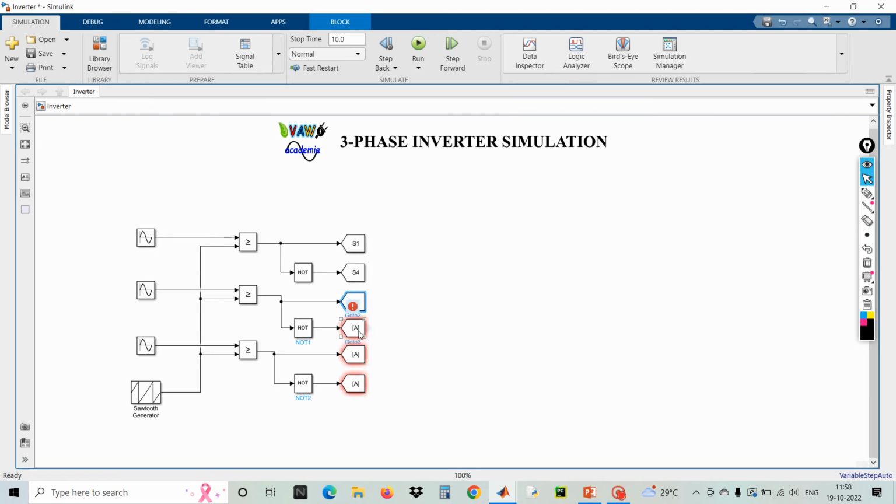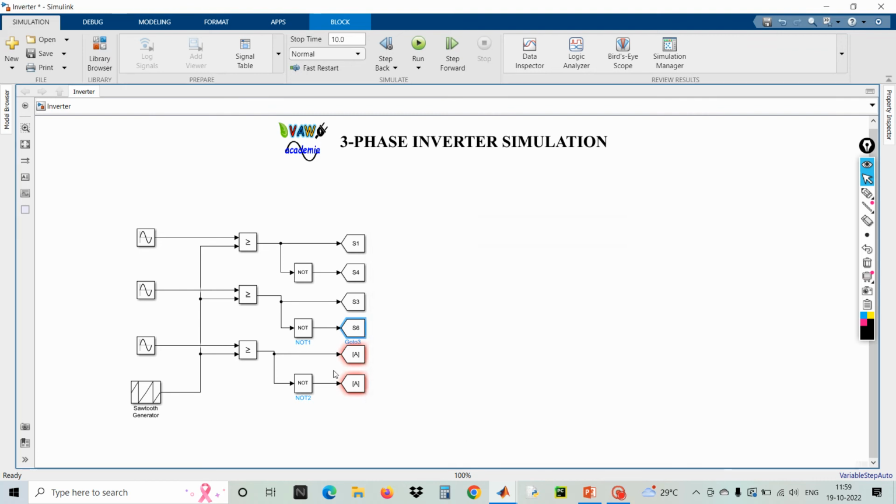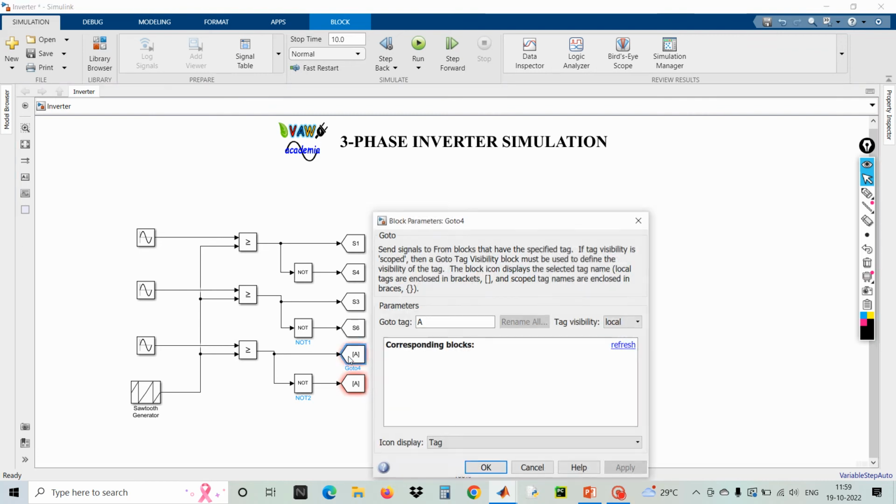This one is S3 and the invert of S3 is S6. Make it global. The next set is S5 and S2. This one is S5, and the invert of S5 is S2.